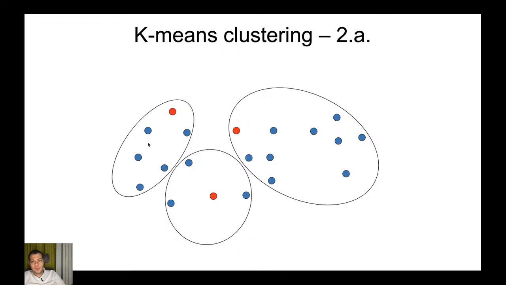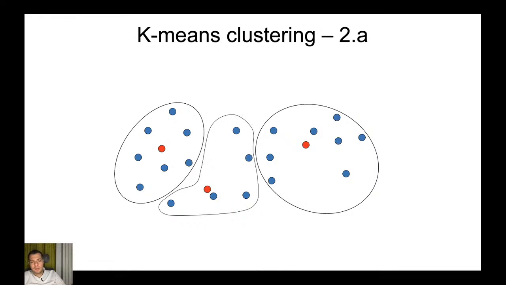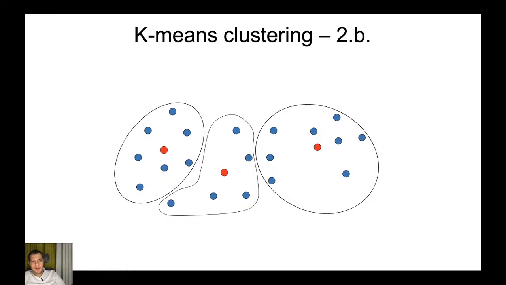We take all the data points and assign them to the nearest cluster centroids. So we build the assignment C here, and then we recompute the cluster centroids in the maximization step, and we alternate then. So we remove the cluster centroids, we reassign according to the expectation step, then we recompute the centroids, and so on.